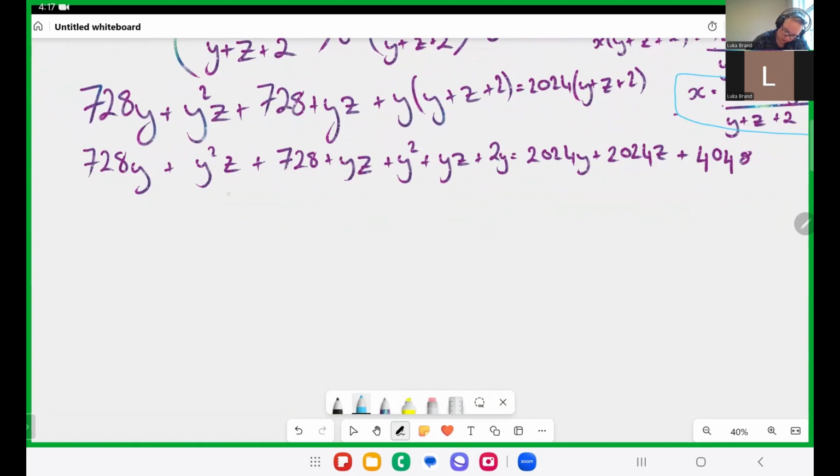So I want to combine all of my like terms. They are going to become 2yz. What else can I do? I'm going to move this over here. So that's going to be minus 2y, which means this is going to be 2022y. There's another 728. That's going to be minus 728y.